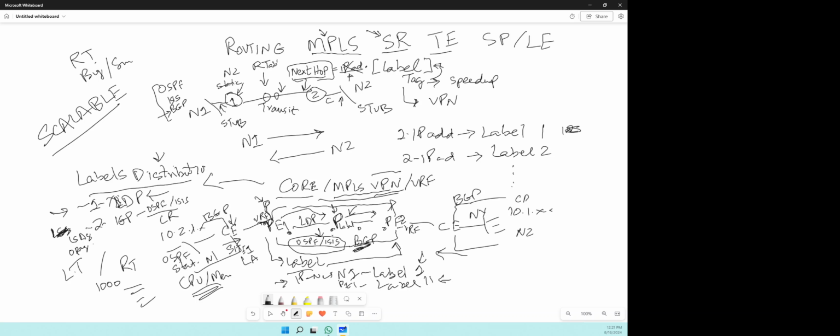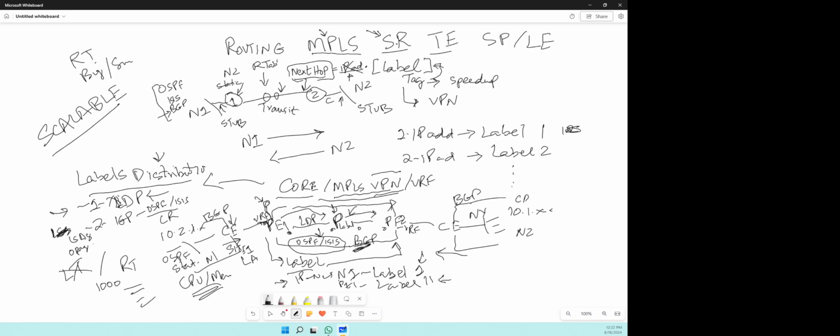Now what you're saying is, I don't want to maintain label tables or state information for labels. I want the guy who's sending the packet, in this case the PE, to tell me all the routes.